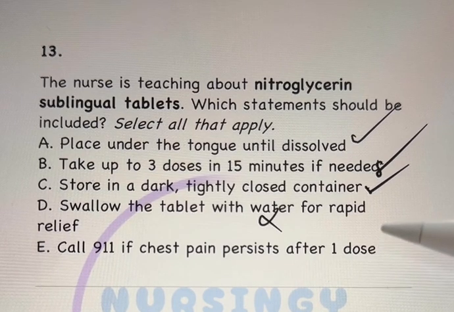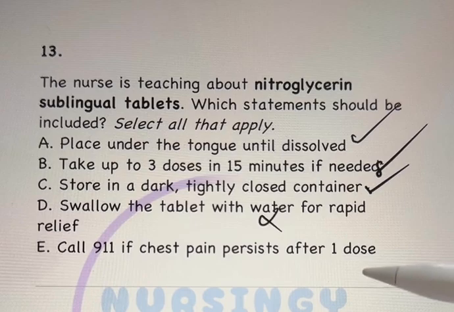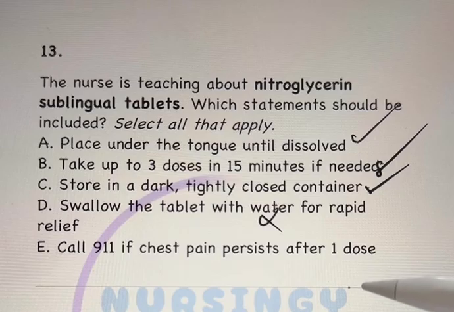Angina, yes, it is angina. And what if we are having pain even after 3 doses? What is it indicating? MI, yes. So that's the reason.